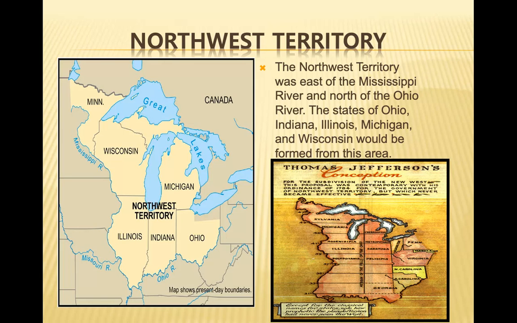The Northwest Territory was east of the Mississippi River and north of the Ohio River. The states of Ohio, Indiana, Illinois, Michigan, and Wisconsin would be formed from this area and by this ordinance.